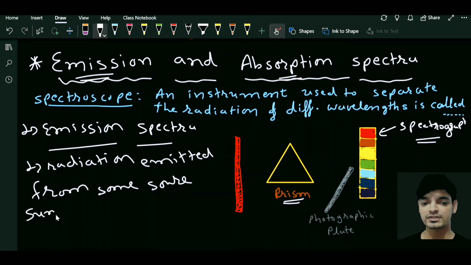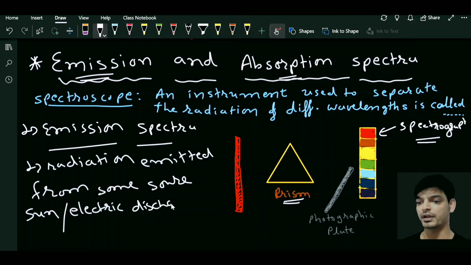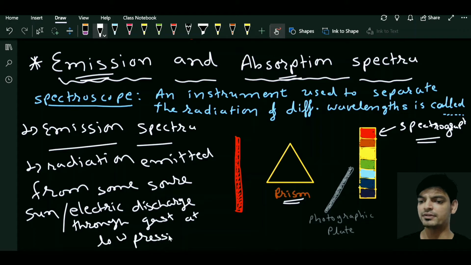Or we can also say an electric discharge tube, in which we have a gas. So from this gas, in an electric discharge tube, through the gas at low pressure. I will explain it with the definition.